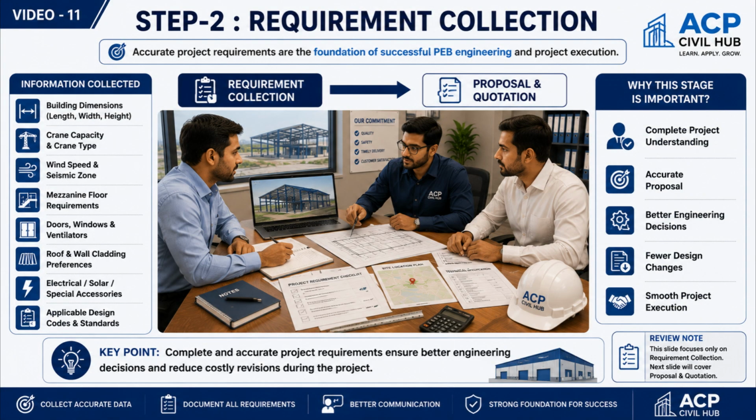The second stage is requirement collection. After the initial inquiry, detailed technical and commercial information is collected. This includes the building length, width, and height, crane capacity, wind speed, seismic zone, roof and wall cladding preferences, doors, windows, ventilators, mezzanine requirements, and applicable design standards.